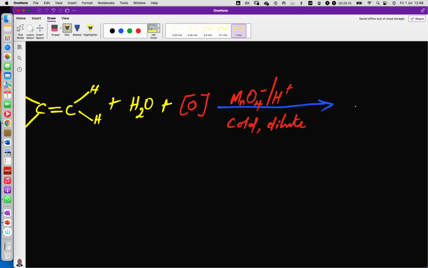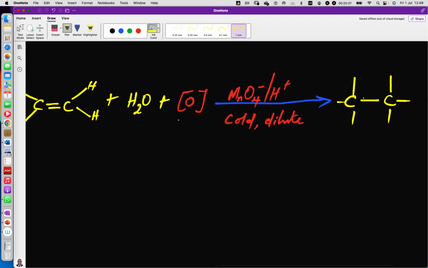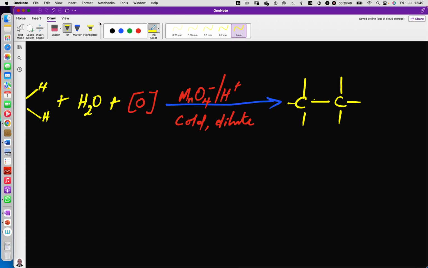What will be the diol? We have 2 hydrogens and 2 oxygens, all of them are going to give us 2 OH groups. So these are going to be the OH groups here.